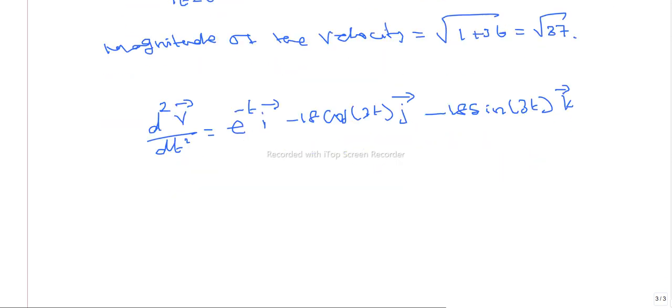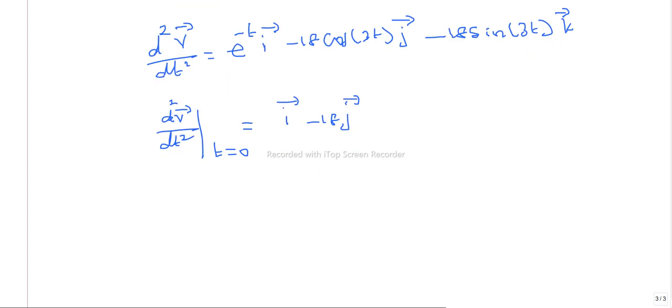Now we need the magnitude of acceleration. Therefore at time t equal to 0, d square r vector by dt square at t equal to 0, we get i vector, cos 0 is 1, therefore minus 18 j vector, and sine is 0. So this is the acceleration at the point t equal to 0. Now what is the magnitude of acceleration?